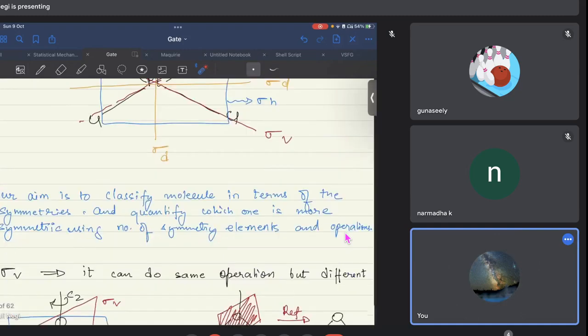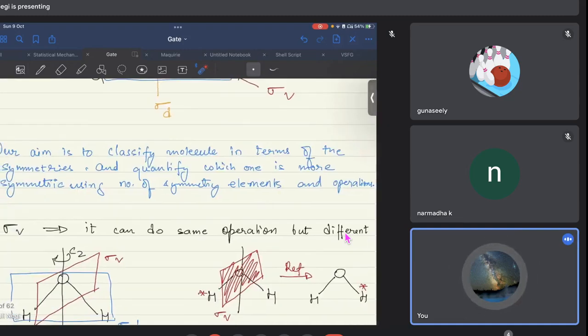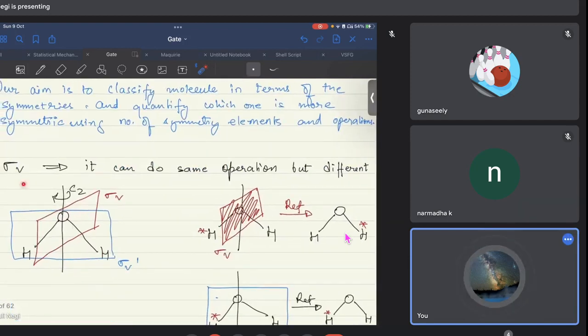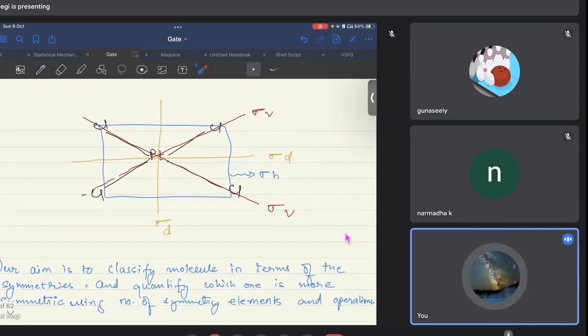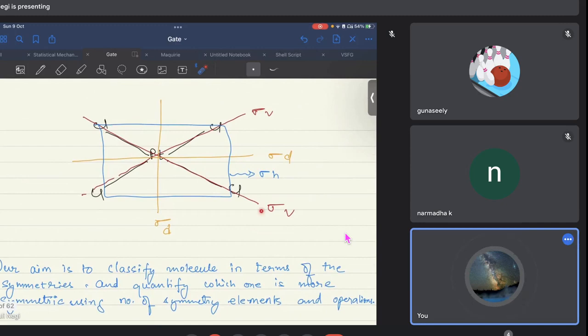Okay, so what is our aim? Our aim is to classify molecules in terms of symmetries and quantify which one is more symmetric using the number of symmetry elements and operations. So for sigma v, you have seen that there are two sigma v, this one and this one, but these two are not very different.